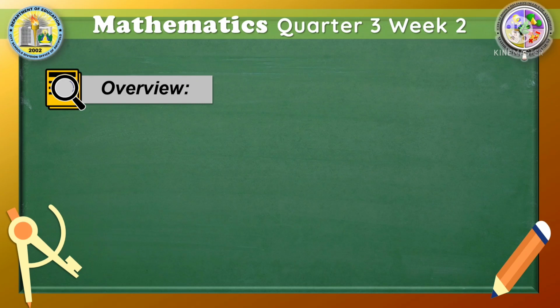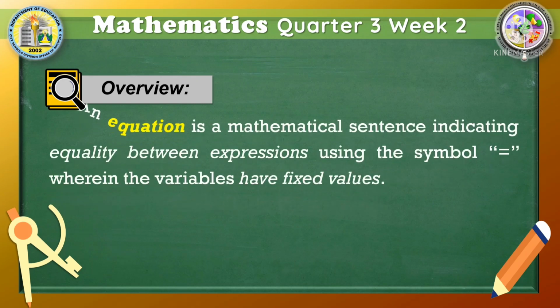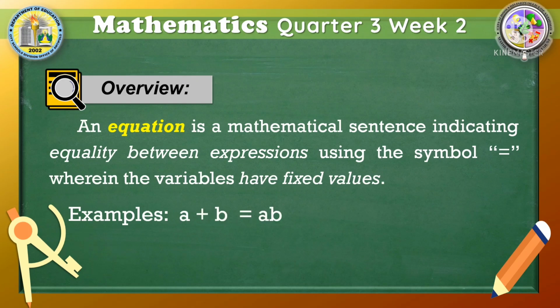This time, let's deal with an equation. An equation is a mathematical sentence indicating equality between expressions using the symbol is equal to, wherein the variables have fixed values. Here are some examples of equations. We have a plus b is equal to ab.